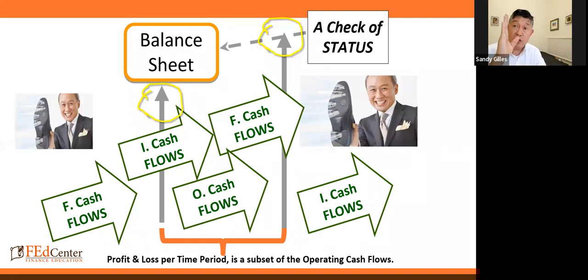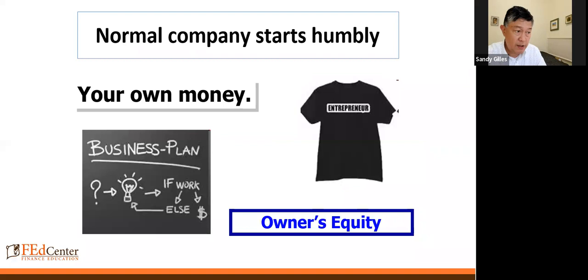But when you take a snapshot in time, that's when you see how much machines and factory you have, how much assets and liabilities. So the balance sheet is taken every 3 months, 6 months, 12 months. Okay, and then after, you'll also see, as part of the operating cash flows, your profit and loss statement.